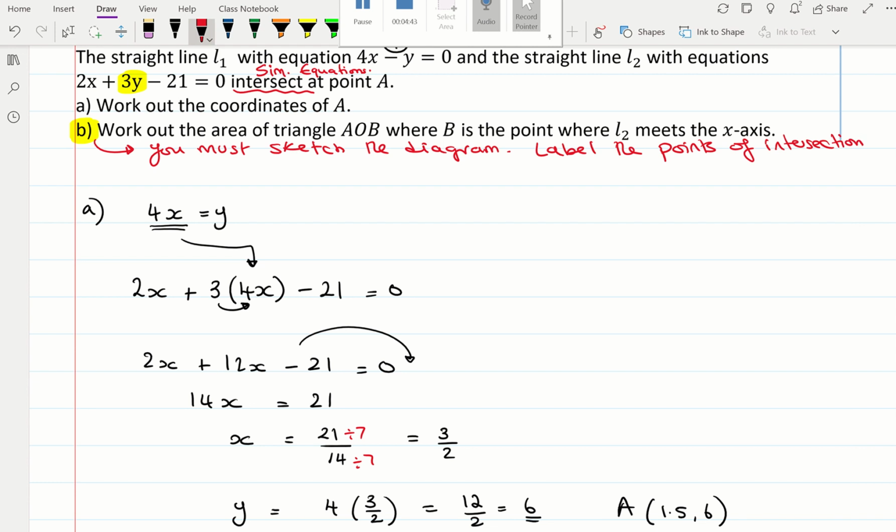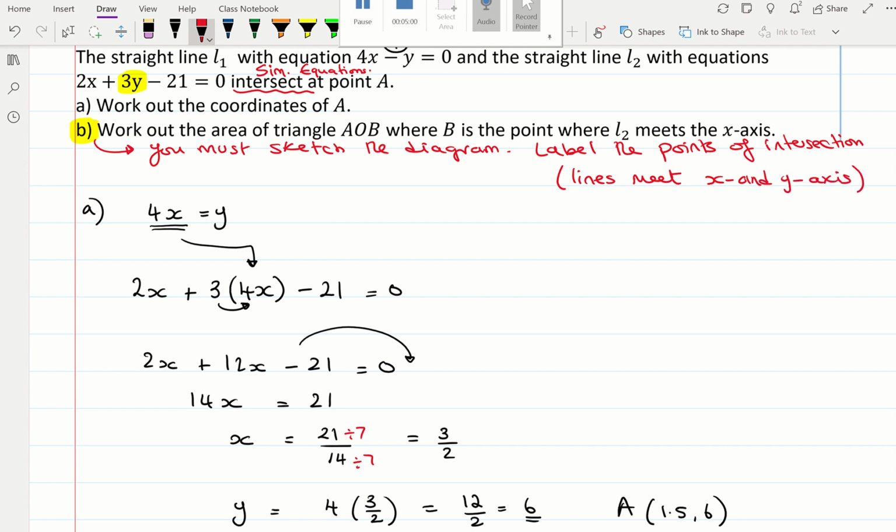And by that I say points because the intersection where the two lines meet, but also where the lines meet the x and the y axis.